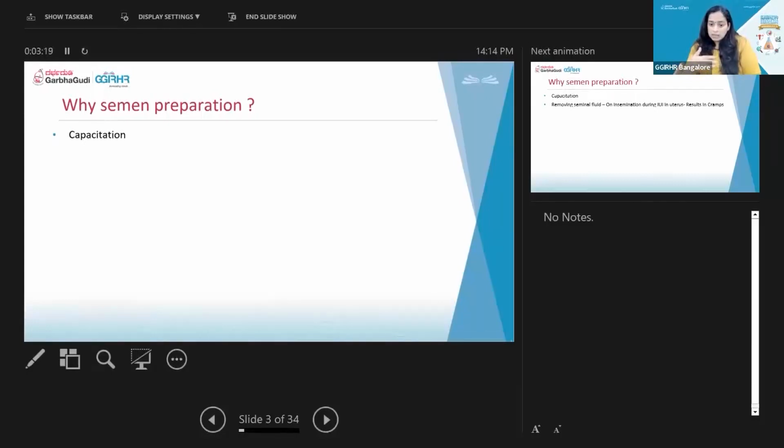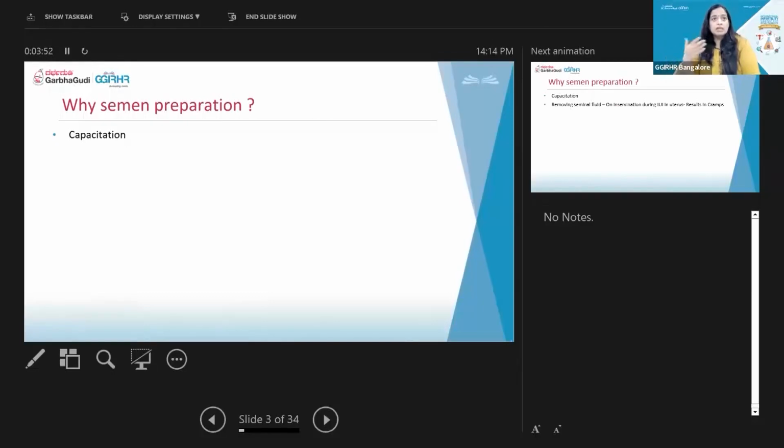As that phase or step is bypassed in the case of assisted reproductive technology, we have to wash the sperm and activate the sperm so that it will be able to identify the receptors in the zona pellucida of the oocyte, which later results in the fertilization of the oocyte by the sperm, and hence in the formation of the embryo. And this is in the case of IUI and IVF.